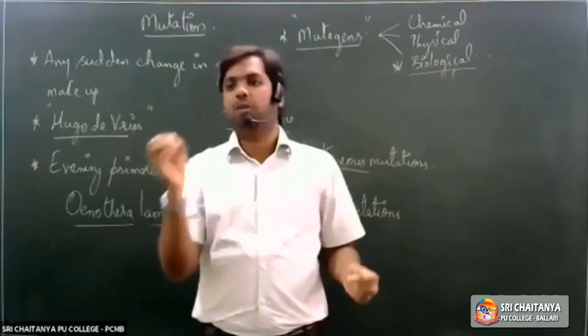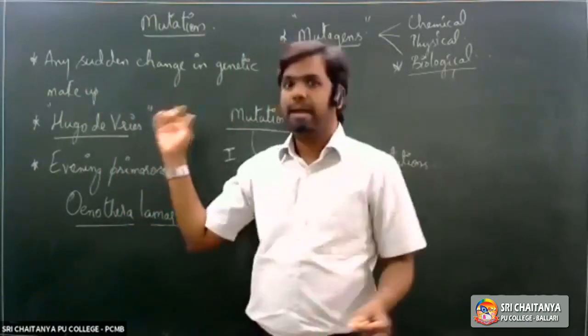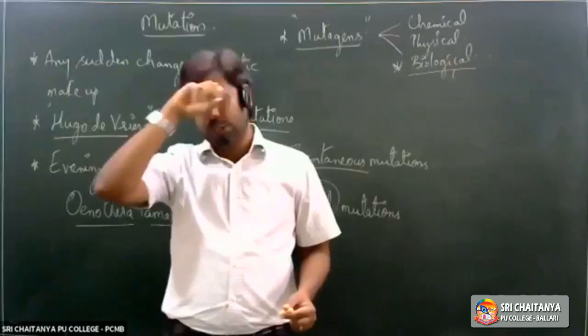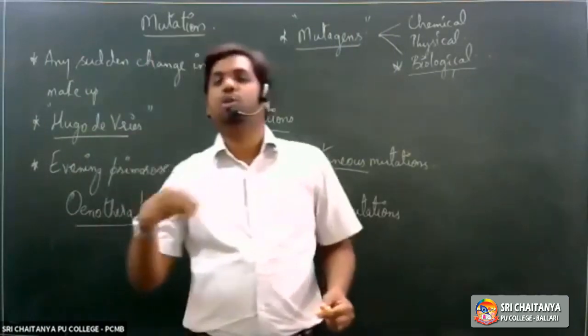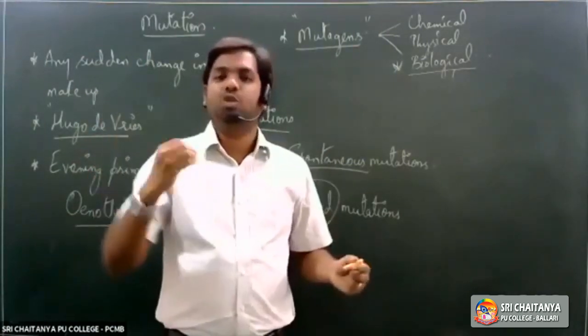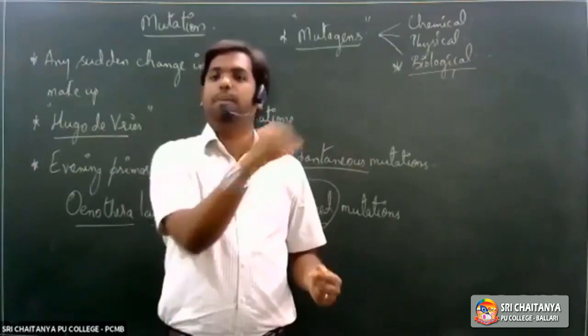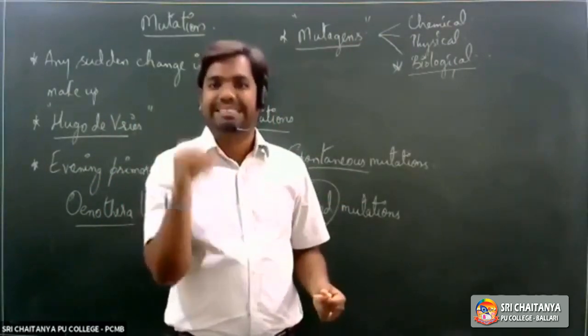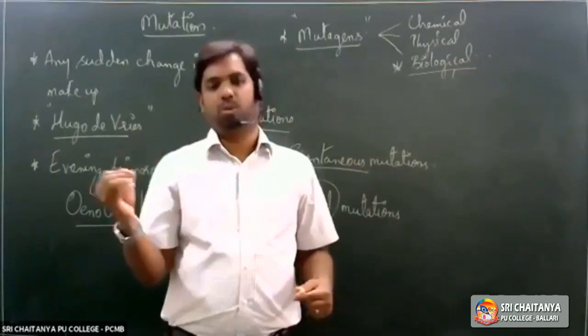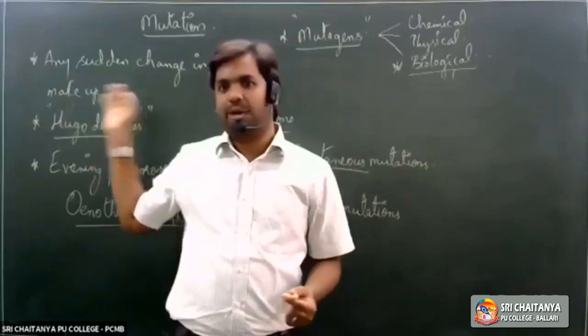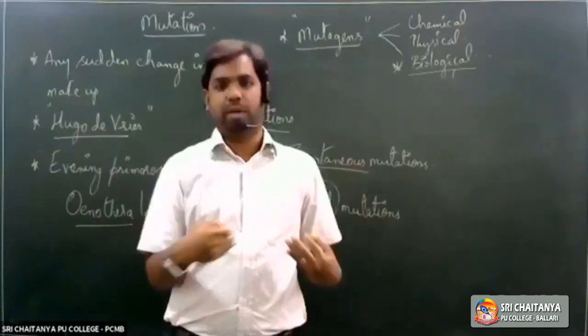If some change in the genetic makeup occurs in the chromosome, such type of mutation we call chromosomal mutation. If any change occurs in a gene present in a particular chromosome, such type of mutation we call gene mutation.